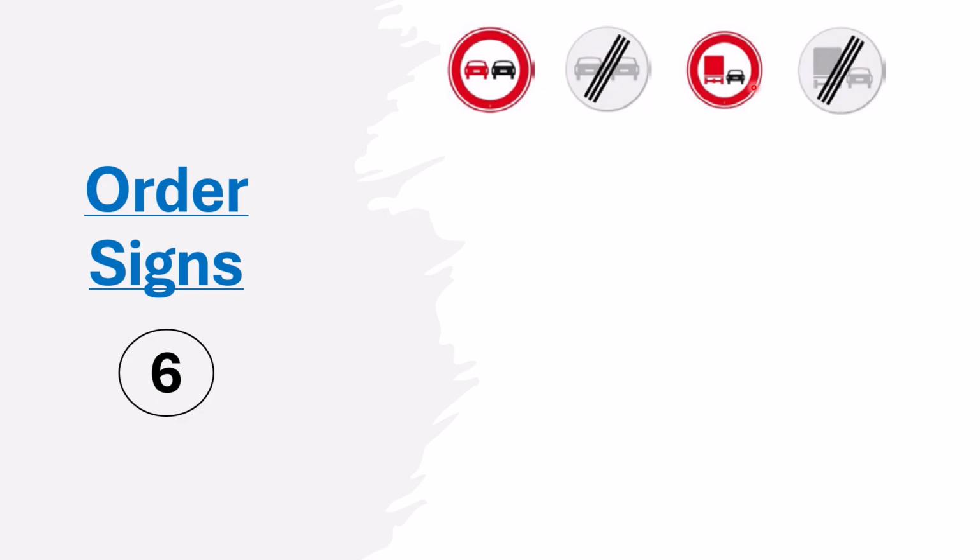So it means that after this signboard, lorries cannot overtake any other vehicles. So if this sign with these three lines is present, obviously you already know that after this signboard, there is no limitation, no prohibition for lorries to overtake. It means now the lorries can overtake after this signboard.